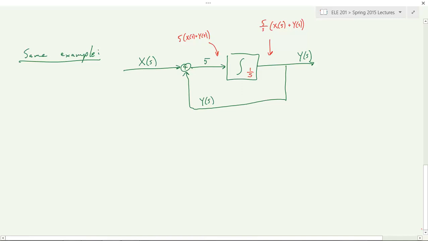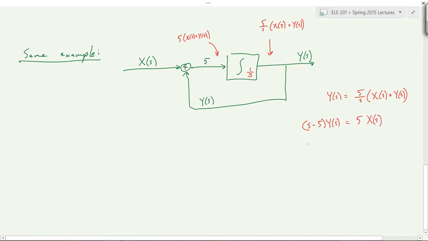And of course then you say y of s equals 5 over s, x of s plus y of s, and then that tells you that (s minus 5) y of s equals 5 x of s.